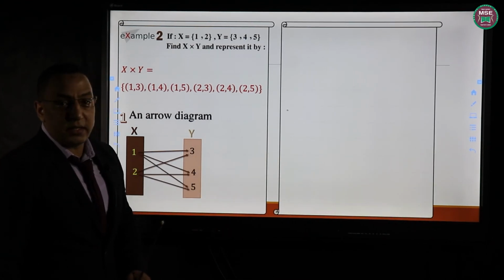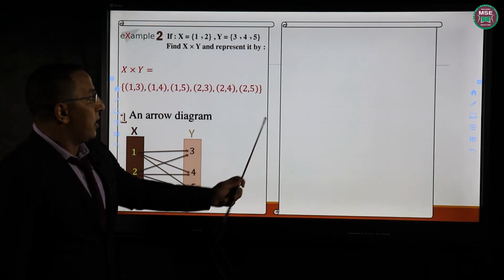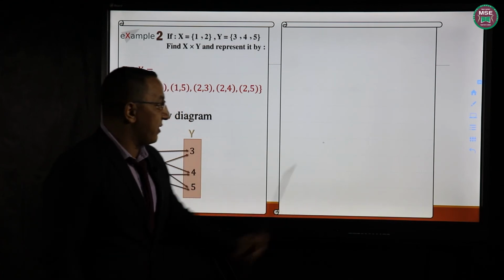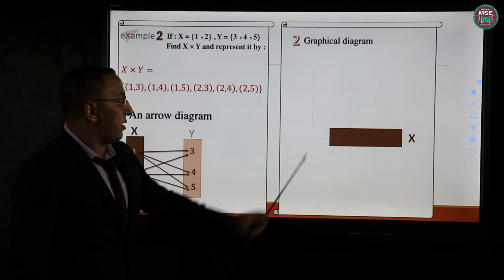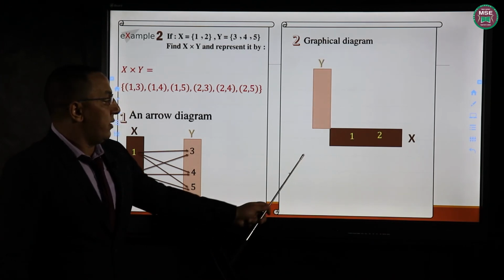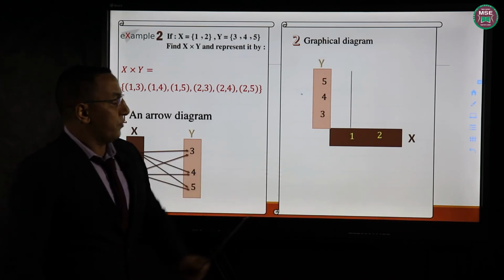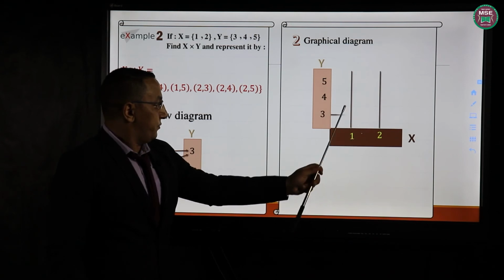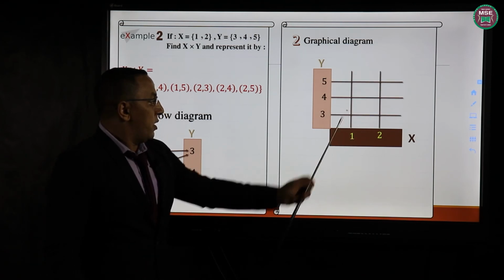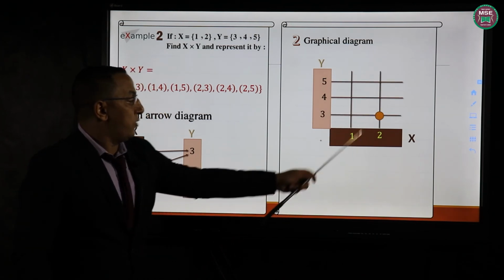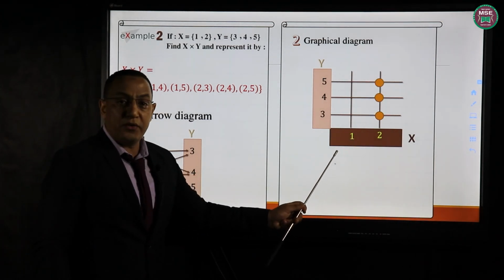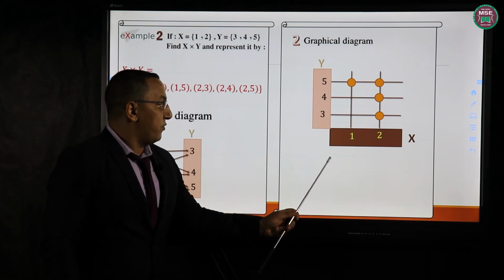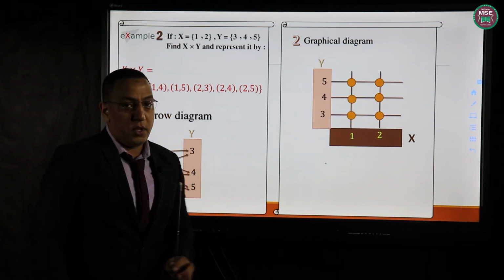Now the Cartesian diagram of the same example. I'm going to draw X in a rectangle like this, and Y above in another rectangle like this. Here (2,3), (2,4), (2,5), (1,5), (1,4), (1,3).